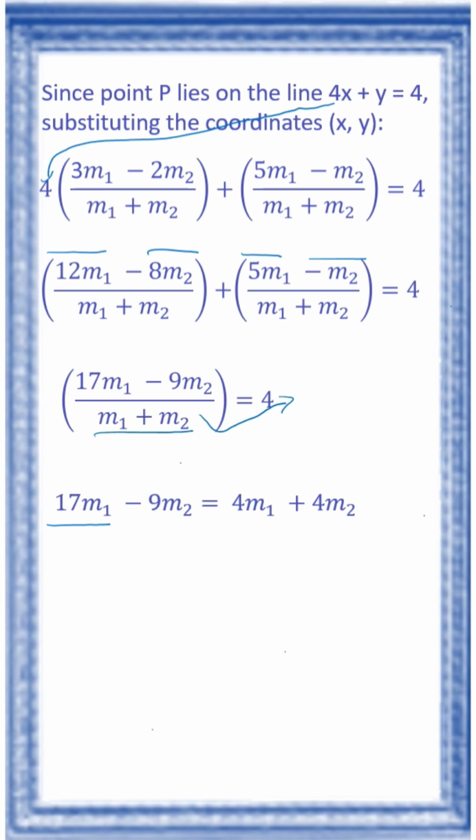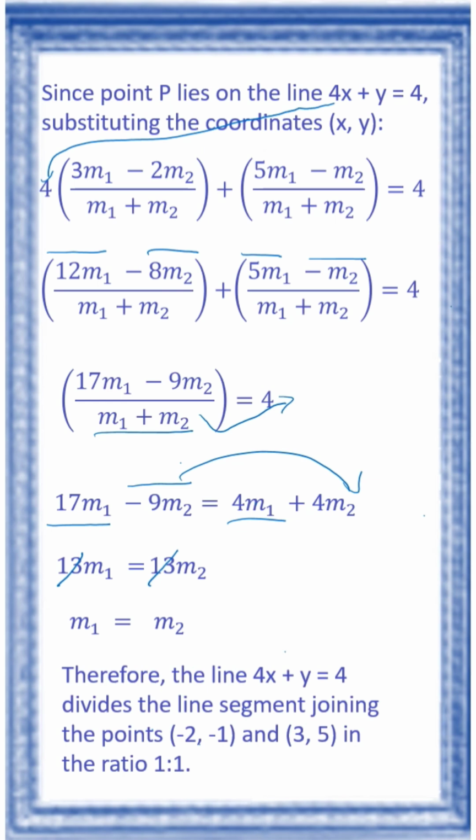Bring 4m1 to the LHS, we get 13m1. Transpose negative of 9m2 to the RHS, 4 plus 9, that is 13m2. Here 13 and 13 get cancelled, so m1 is equal to m2. Therefore, the line 4x plus y is equal to 4 divides the line segment joining the points (negative of 2, minus 1) and (3, 5) in the ratio 1:1.